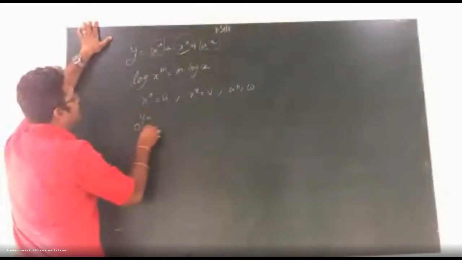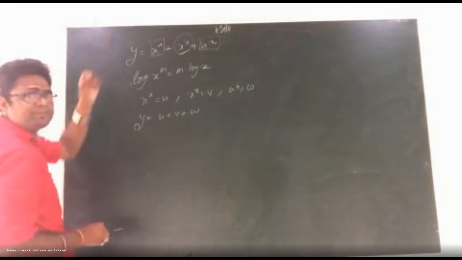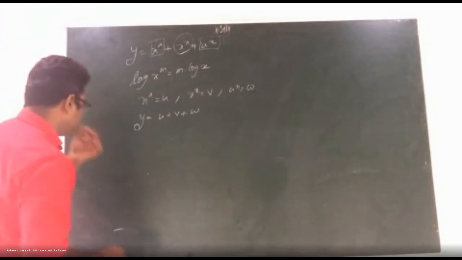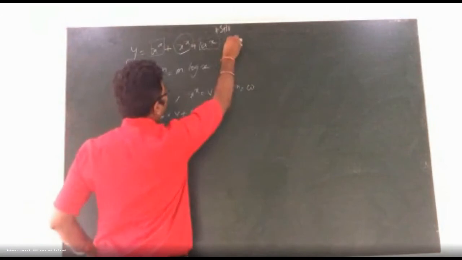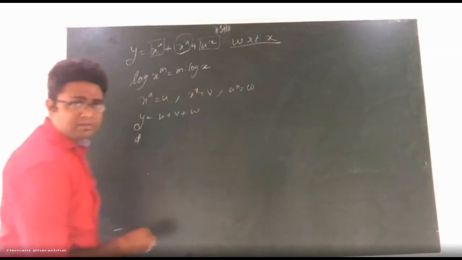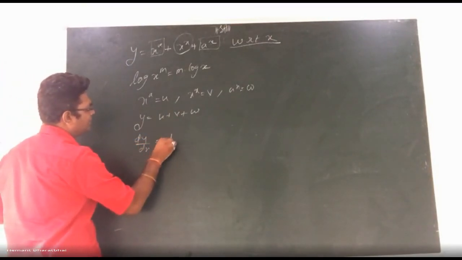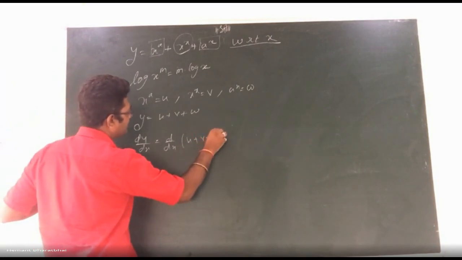Therefore, my y will become u plus v plus w. Now I will take the derivative, because I have to take the derivative with respect to x. It is asked in the question. So I will write dy by dx is equal to d by dx of u plus v plus w.